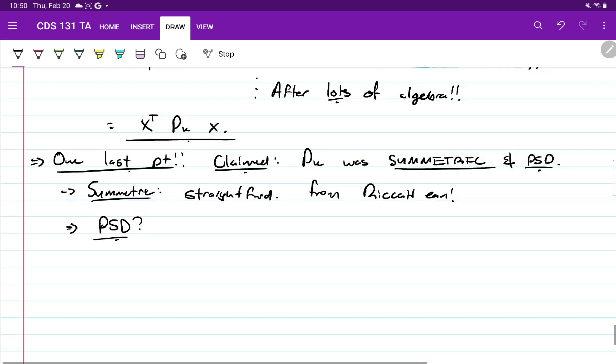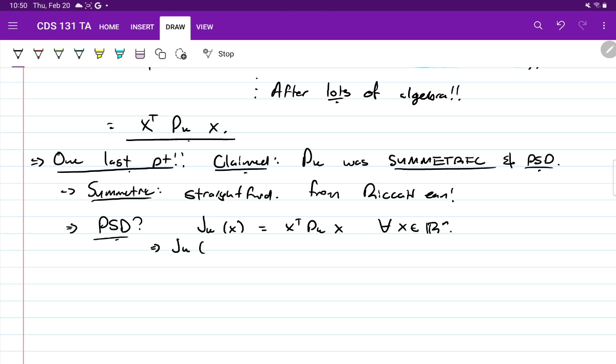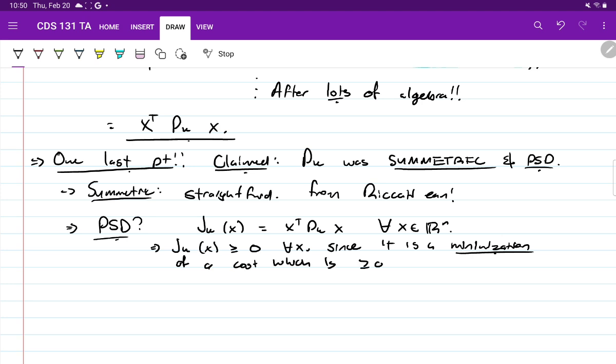Well, the nice thing is, we know that J_k of x is equal to x transpose P_k times x for all x in R^n. All right? Now, what else do we know about this function J_k? We know J_k of x is going to be greater than or equal to 0 for all x, since it is a minimization of a cost, which is always greater than or equal to 0.